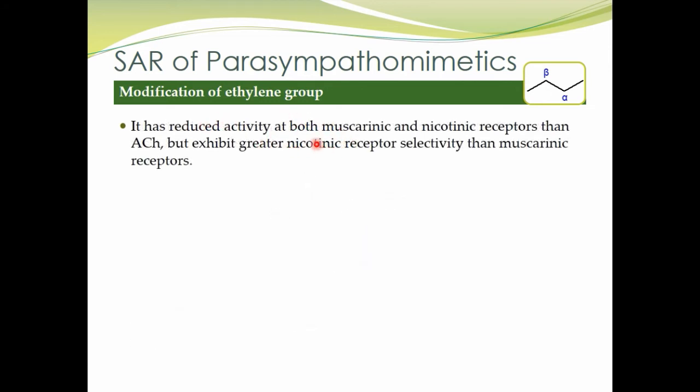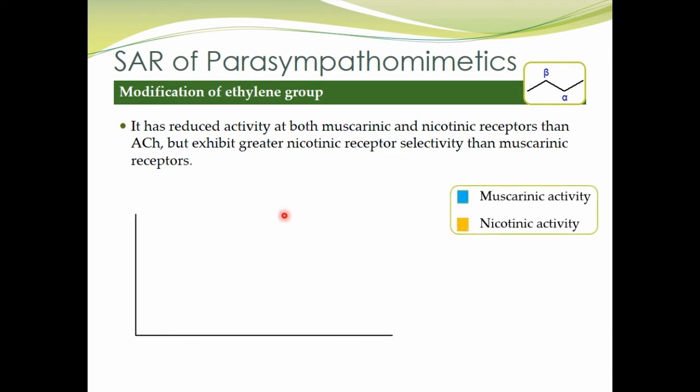What does this sentence mean? We will understand. I am showing here muscarinic activity and nicotinic activity. Acetylcholine has equal muscarinic and nicotinic activity.